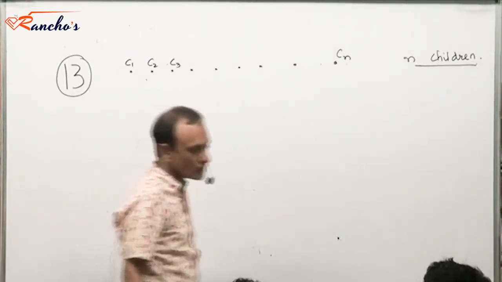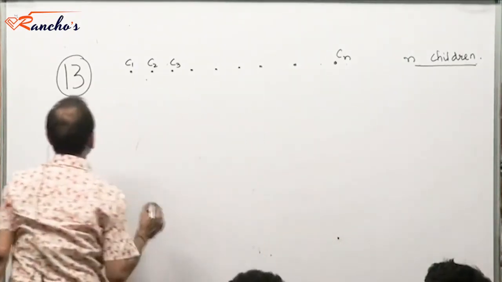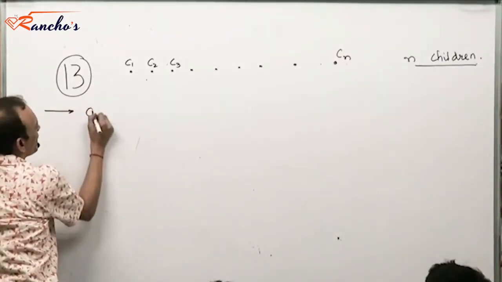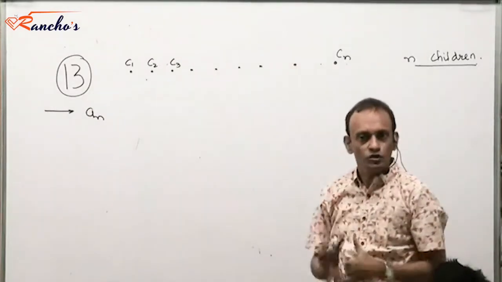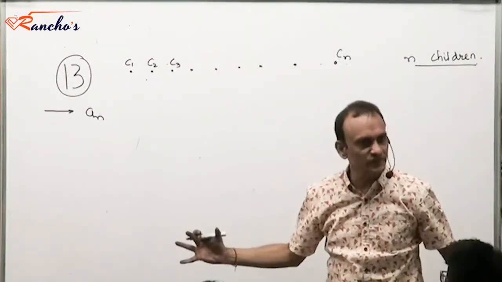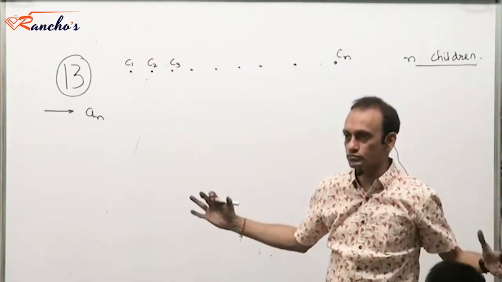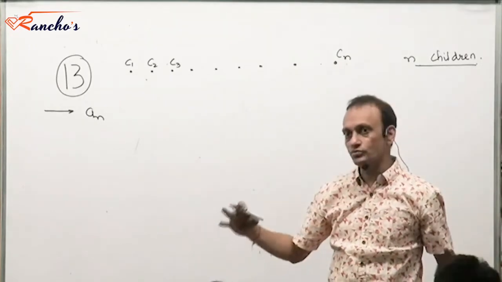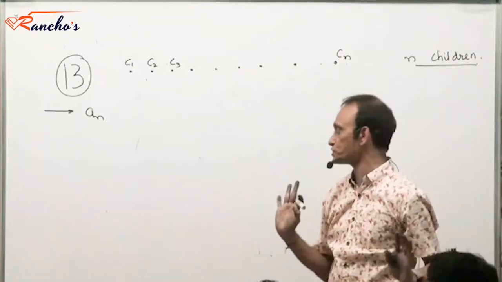Now, how we could carry out a count: the total count of arranging these children in n seats, including the original one, let's say is an. If there were n children, an was the total count, where children could be displaced only by one unit with respect to their original positions.